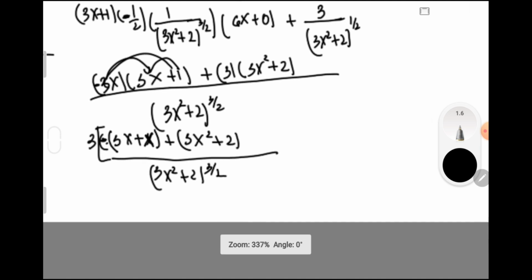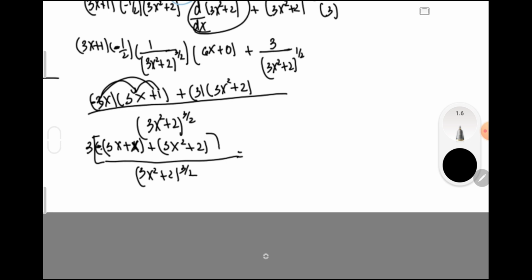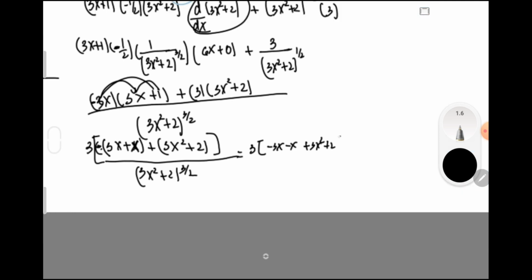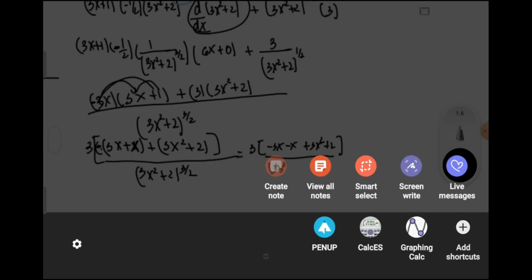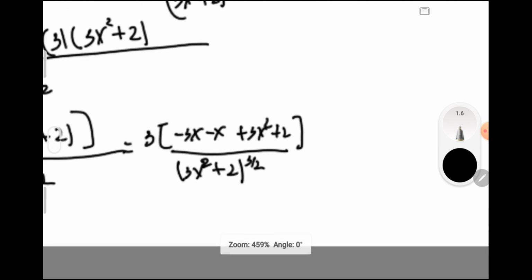Okay, so from this, by further simplification, we'll have a value equal to 3 multiplied by negative 3x minus x plus 3x squared plus 2 divided by our 3x squared plus 2 raised to 3 halves.